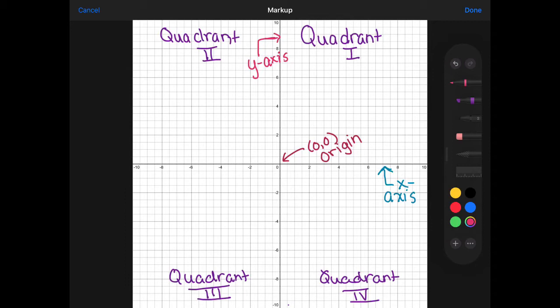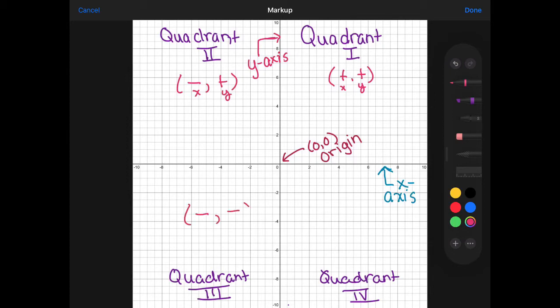Now, the other thing you will need to know is that when we have coordinates, in quadrant 1 both x and y are positive.